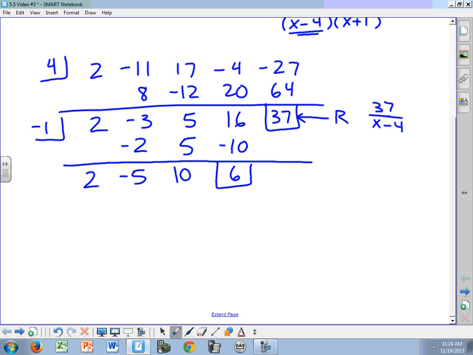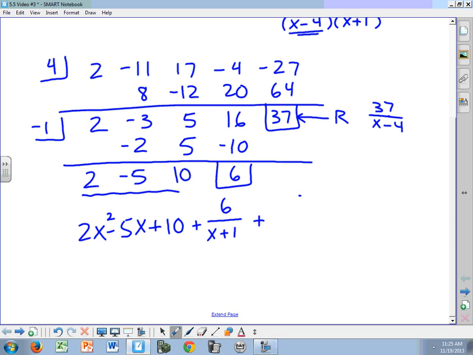All right, here's where the fun begins, because these two remainders are slightly different. The first one, first of all, the quotient portion of that is 2x squared minus 5x plus 10. However, the 6 is only a remainder of the division by x plus 1.